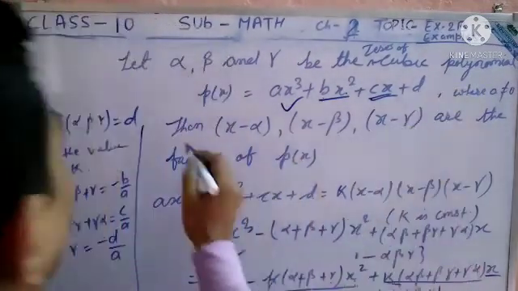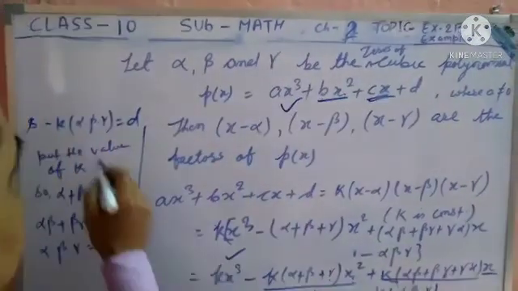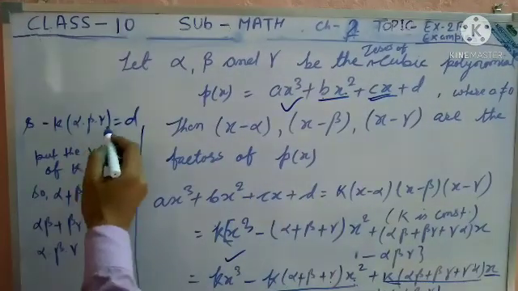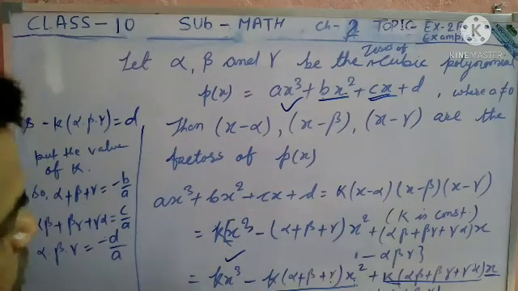And d is the constant term, so minus k alpha beta gamma is equal to d. Put the value of k, k is equal to a.